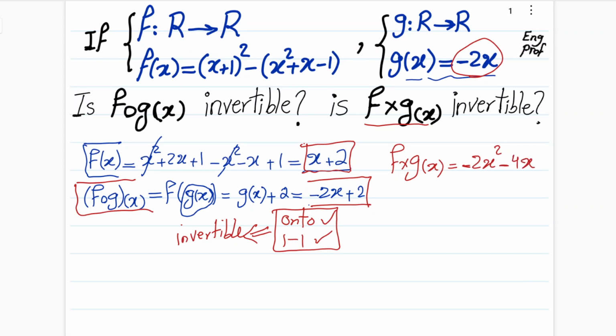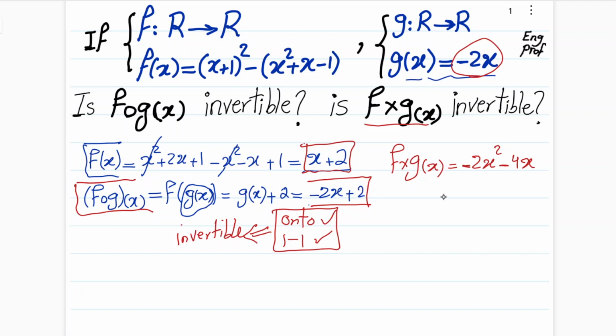As you can see, now we are dealing with a function that has x squared in it. So as a result, this function is not one-to-one anymore, and not onto anymore.